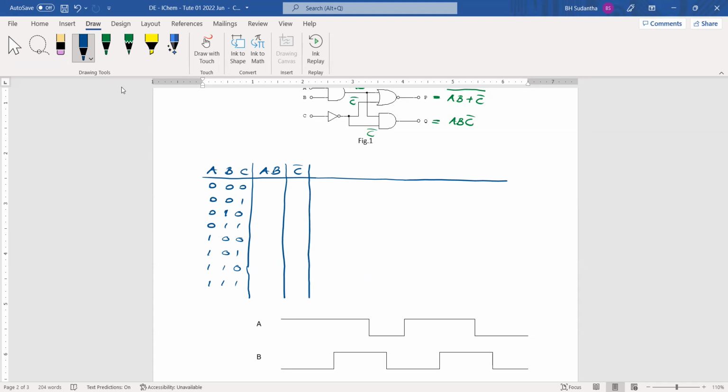After that, we can make AB plus C bar, this. And then A, B, C bar.